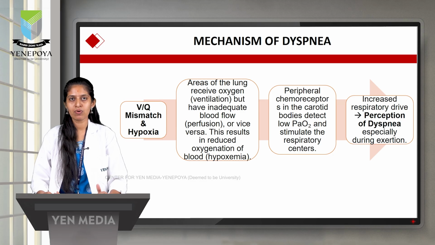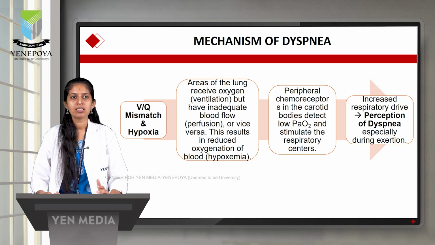In both cases there will be chances of decreased oxygenation in the blood, which finally leads to hypoxemia. In this case, the chemoreceptors present in the carotid bodies will try to detect the low partial pressure of oxygen. That's where you will stimulate the respiratory centers, especially those present in the brain, which further increases the respiratory drive.